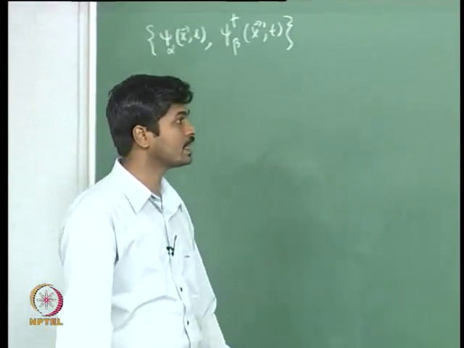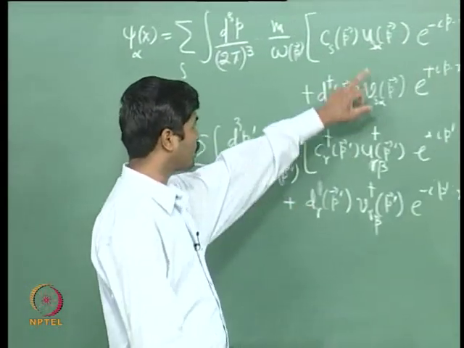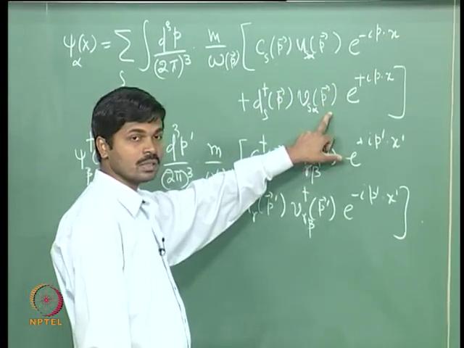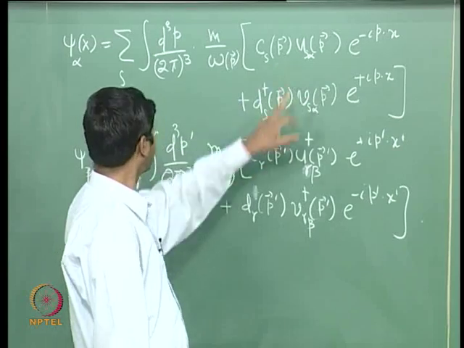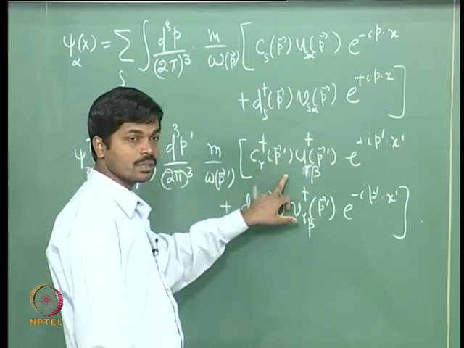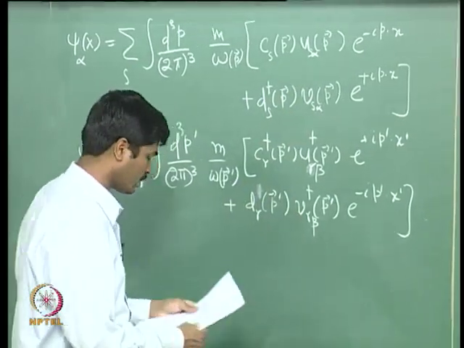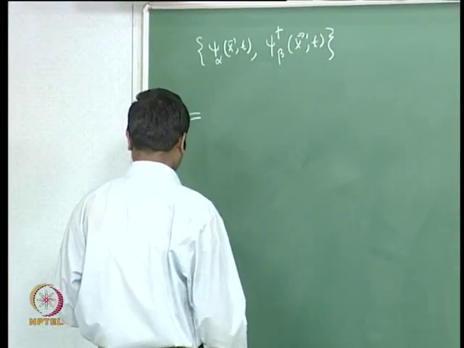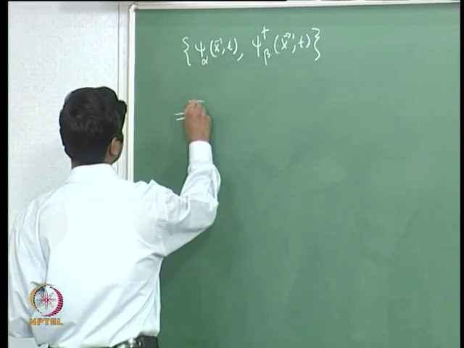In fact, I can call this psi plus and this psi minus, then psi plus with psi dagger plus and psi minus with psi dagger minus. So these are the anti-commutation relations which are not vanishing.